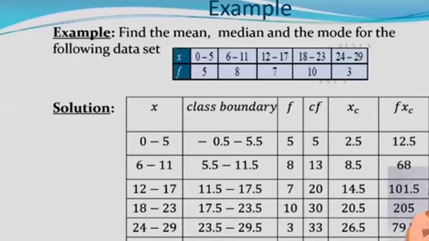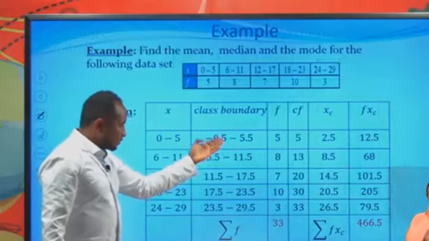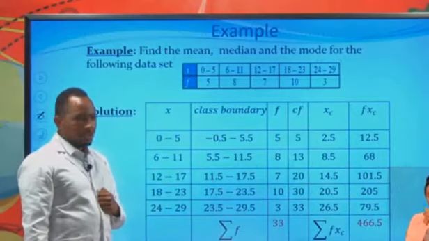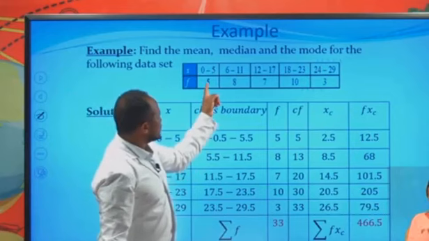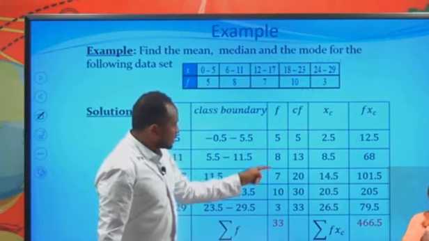To find these values, first I need to convert this into class boundaries, from 0 to 5, 6 to 11. To form class boundaries, take their difference and divide by 2. It is 0.5. Add 0.5 to the upper and subtract 0.5 from the lower, and you'll have this. Then put the frequencies here: 5, 8, 7, 10, 3.